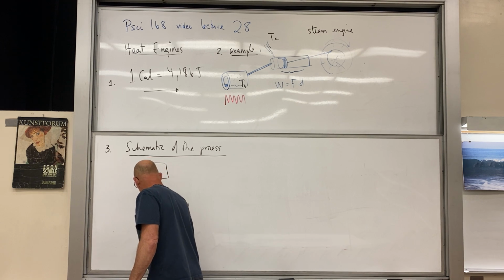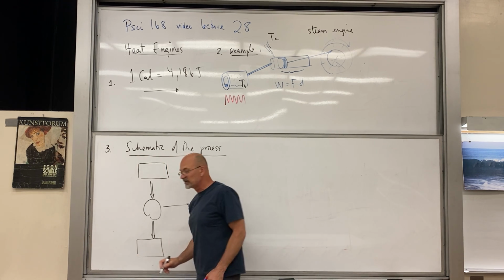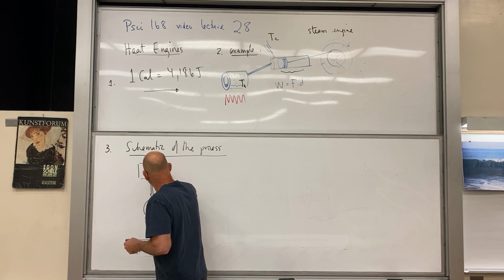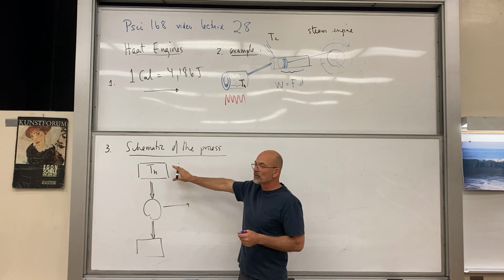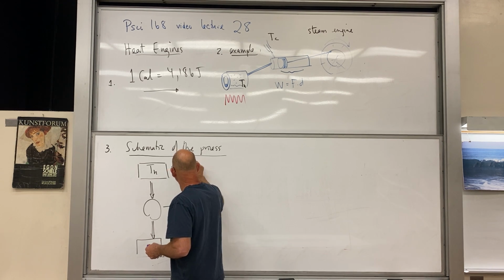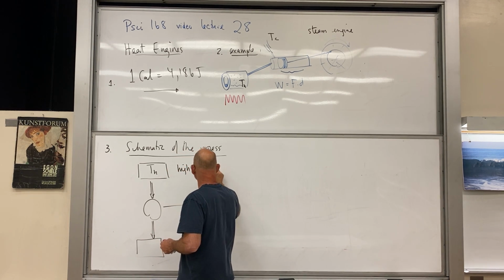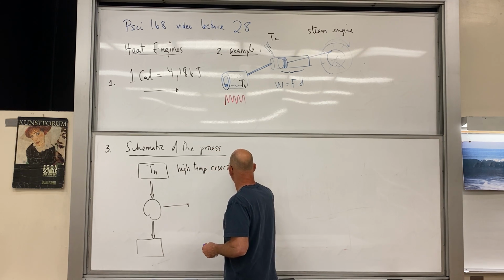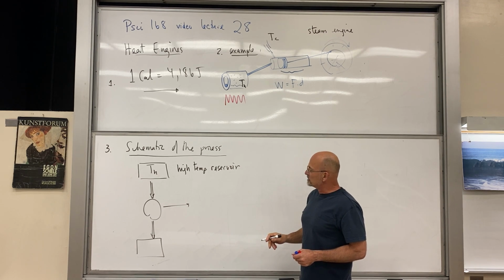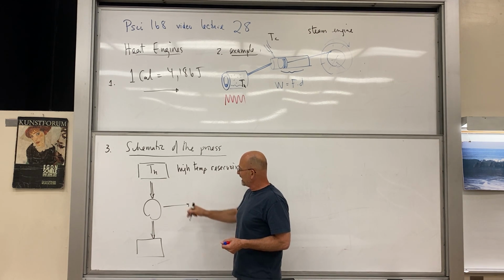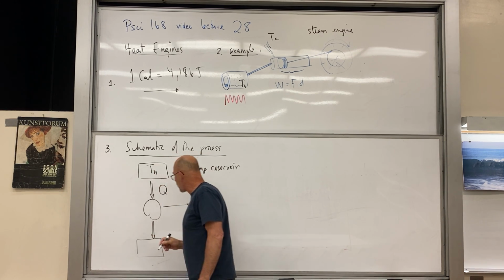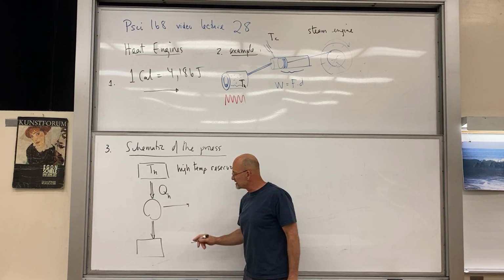So here's our universal heat engine schematic, and here's the way we understand it. We have here what's referred to as a high temperature reservoir of thermal energy, so it's a high temperature T sub H. And what we do is deliver a quantum of energy at high temperature to the engine.